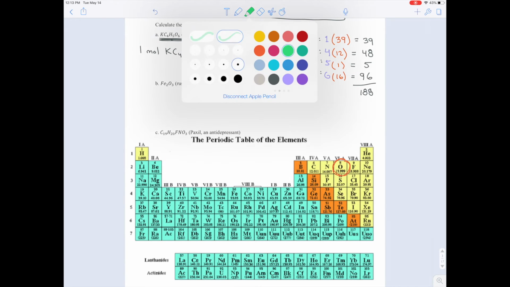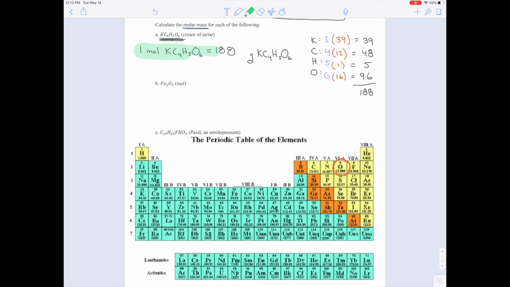So this whole thing is the molar mass of this compound, cream of tartar. And notice that it's a conversion factor. So later we'll be able to use this to convert from moles to grams.